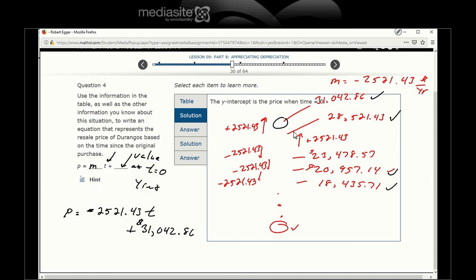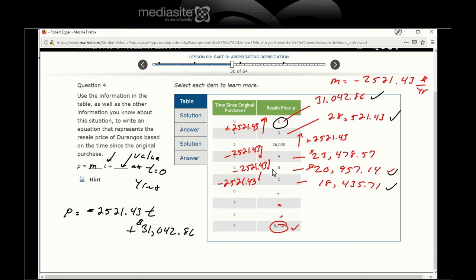Okay, y-intercept, I said that already. So here P is what we came up with, the y-intercept price when time t equals 0. So like I said, we took the table, used some other information we had.